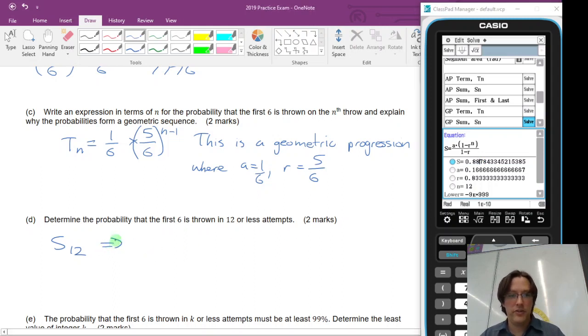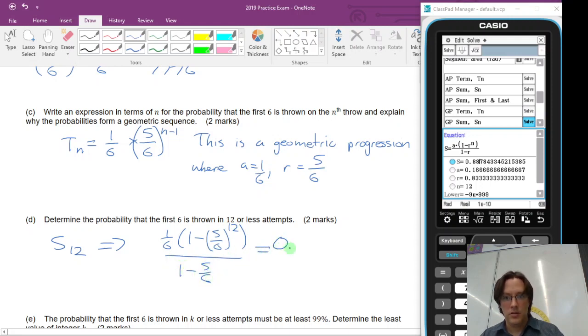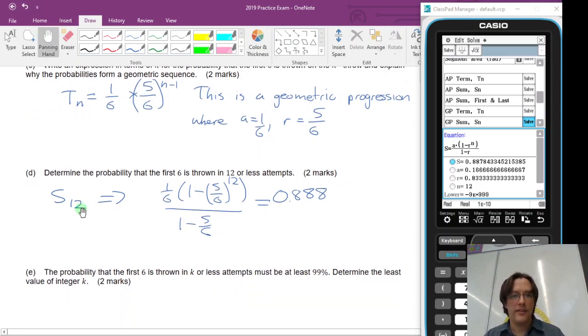And because this is worth 2 marks, it helps to write out our formula. So there we go, 0.888 or 0.8878, however many decimal places we want to put it. I'm fine with 3. It doesn't specify.